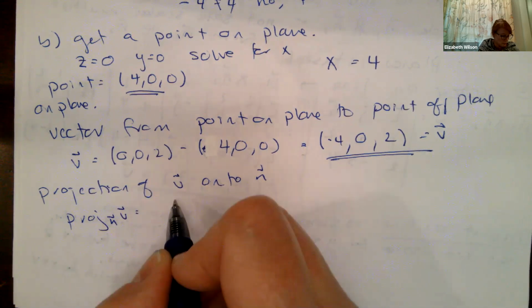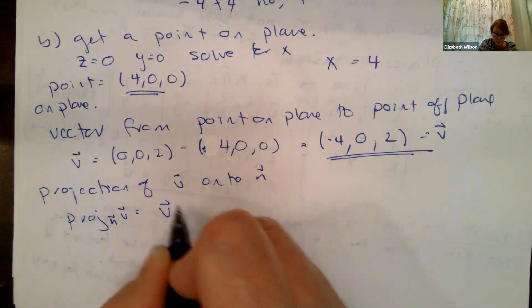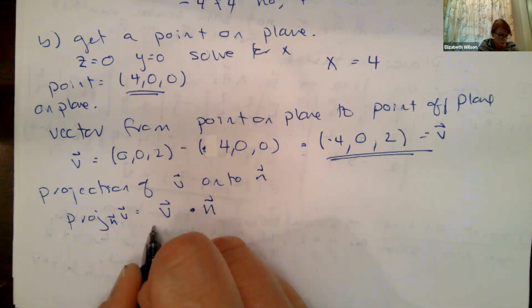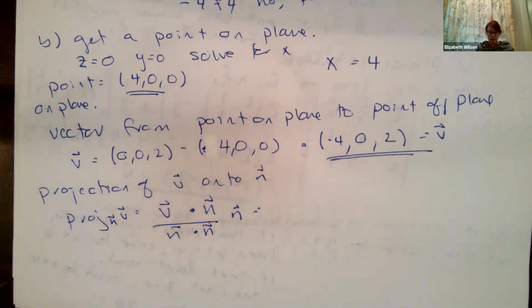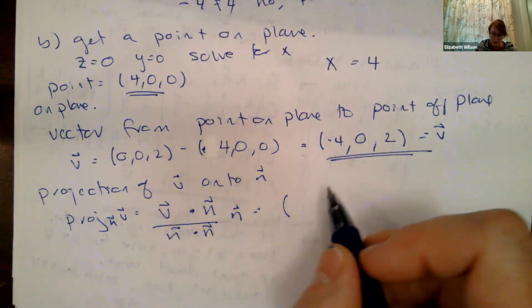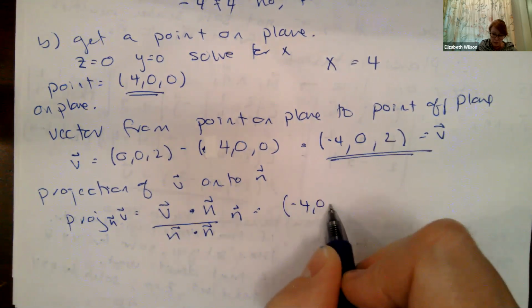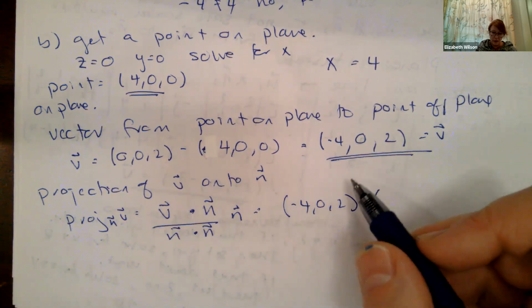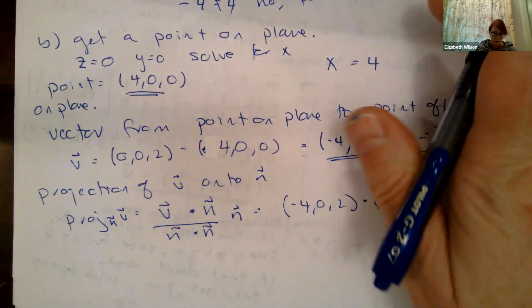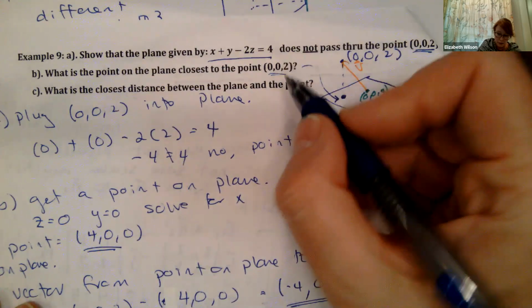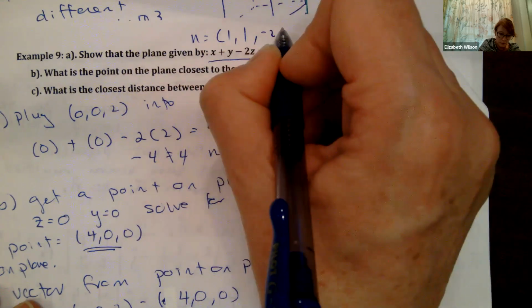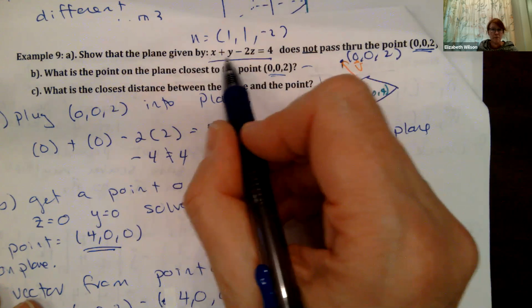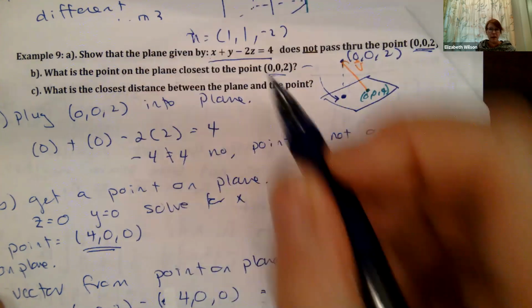So that's going to go v dot n over n dot n times n. Okay, so remember our dot product. So v, minus 4, 0, 2, dot my n. Where did I, I didn't write down my n. So I'm going to write down my n up here. So my n is equal to 1, 1, minus 2. I just yanked out the coefficients of my x, y, and z.